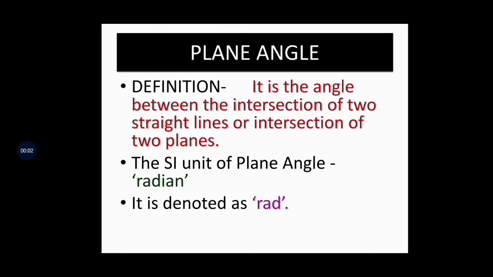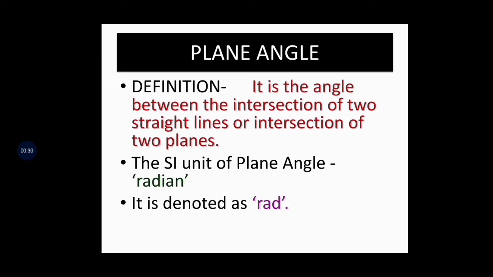Children, from the video you have understood what is plane angle, right? From that point of view, the plane angle is thus defined as the angle between the intersection of 2 straight lines or intersection of 2 planes.